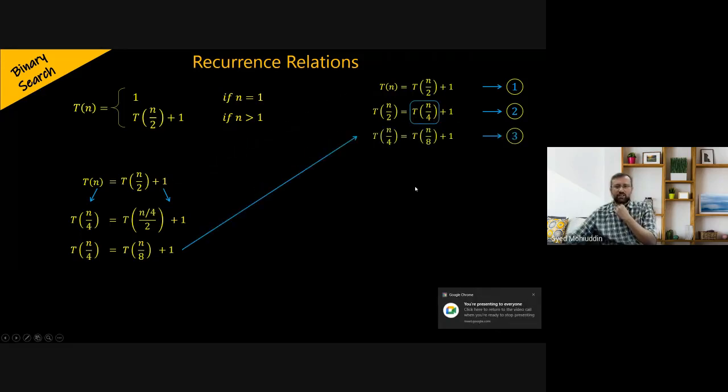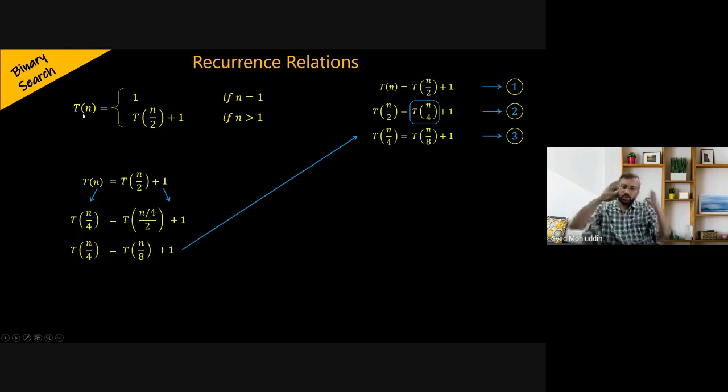Then we will try to find another equation. We got the second equation by substituting n by n/2. Now we will substitute n by n/4. That is the next level, if you look at the tree.